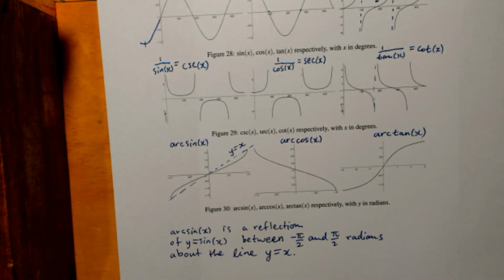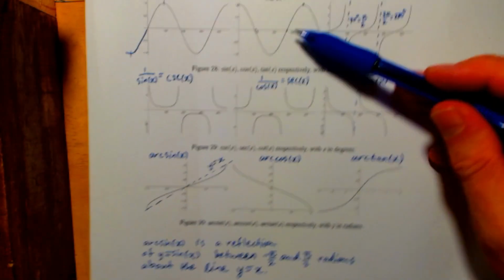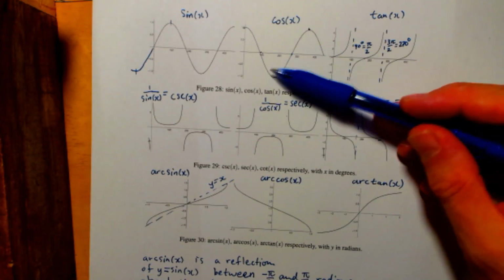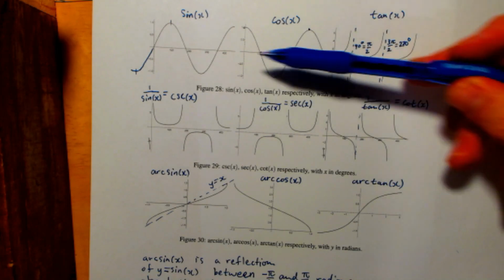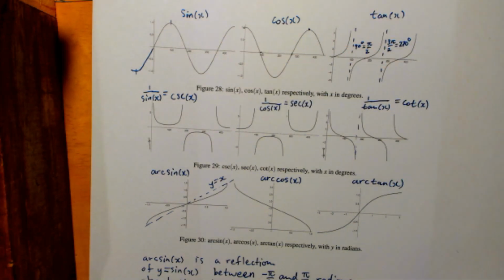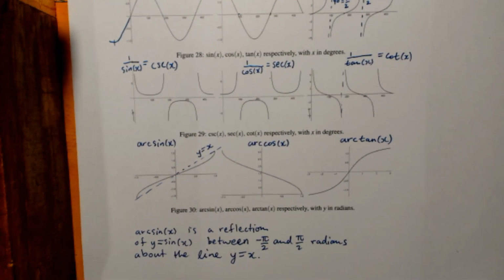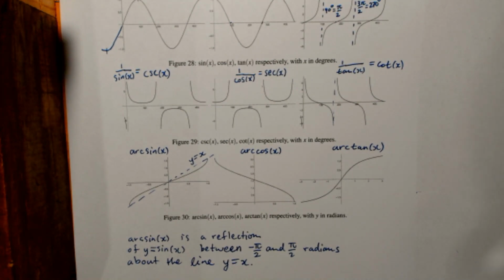And likewise, these are reflections of, so arc cos is a reflection of a cos function about the line y equals x in some range such that horizontal lines don't have two intersections. Okay, so I hope that was a little bit insightful for you.